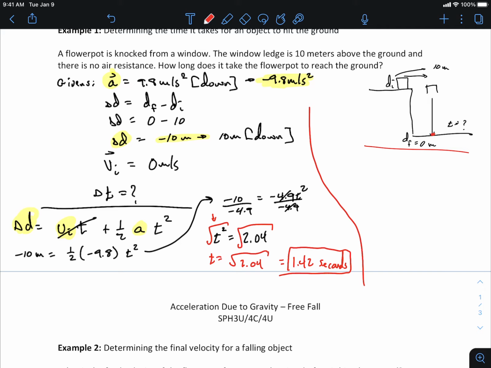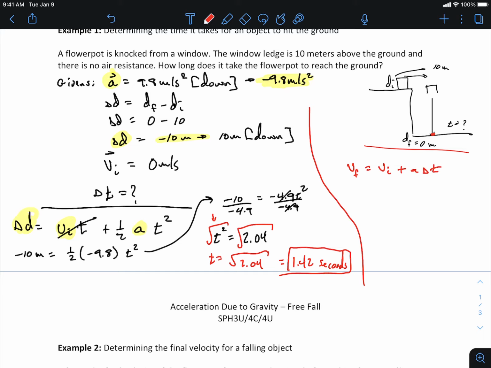And you could select a different equation. You could pick something like v2 is equal to v1. Sorry, I'll try to keep it consistent. V final equals v initial plus a delta t.